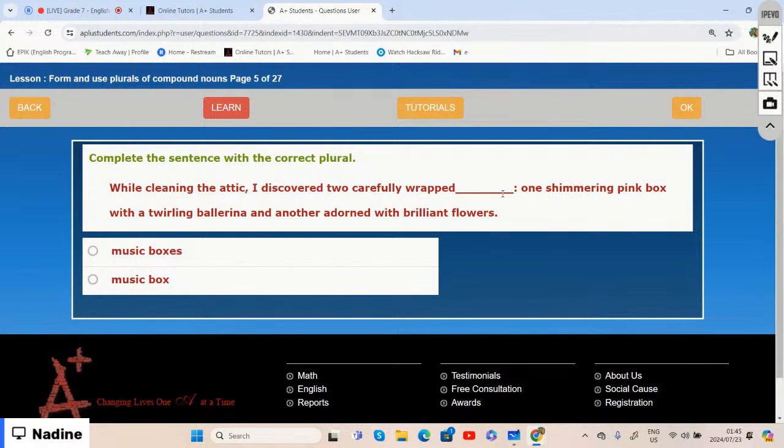Yes, so music boxes, we can say that. I discovered two carefully wrapped music boxes because we are making mention of more than one.